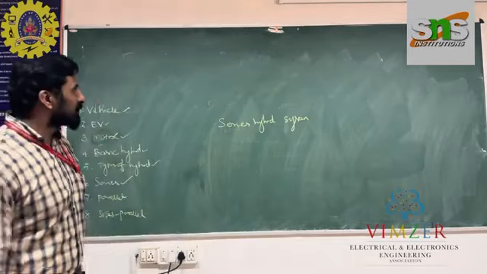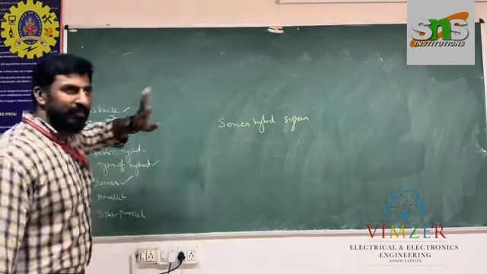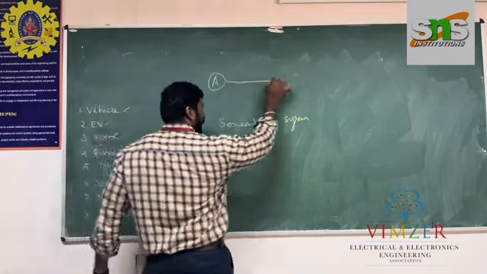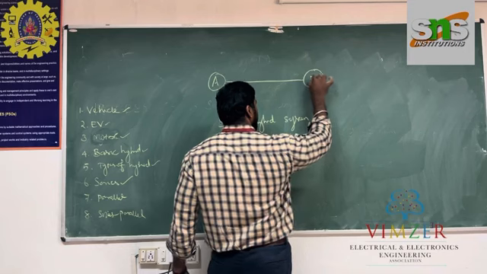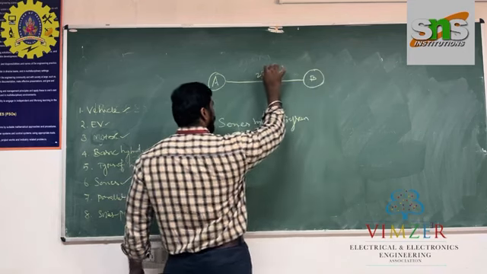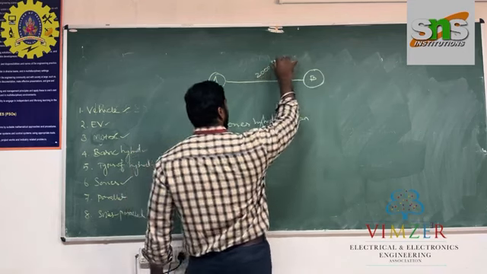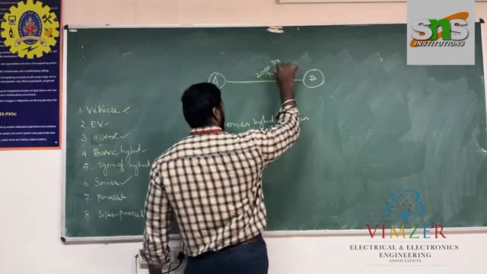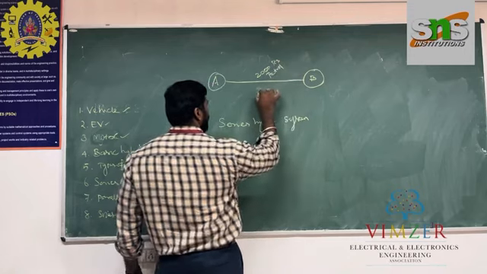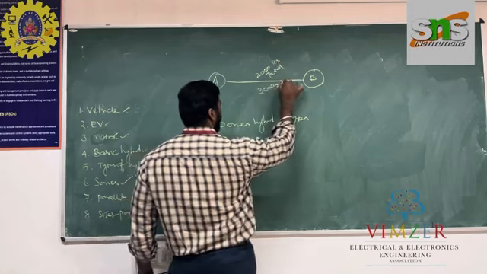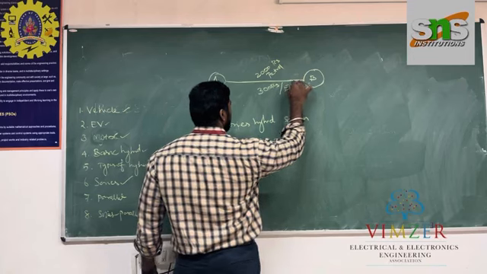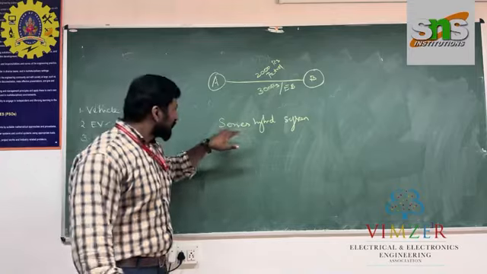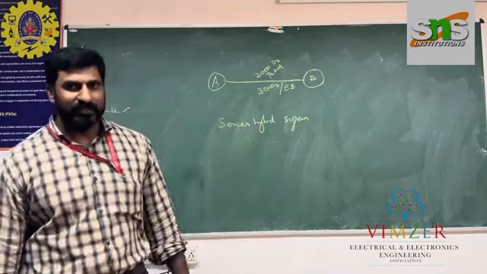In this series hybrid system, for all the examples I am taking the case of going from place A to place B. We have 2000 rupees for petrol and just 300 rupees for electricity. This is the case study for the series, parallel, and series-parallel combinations.